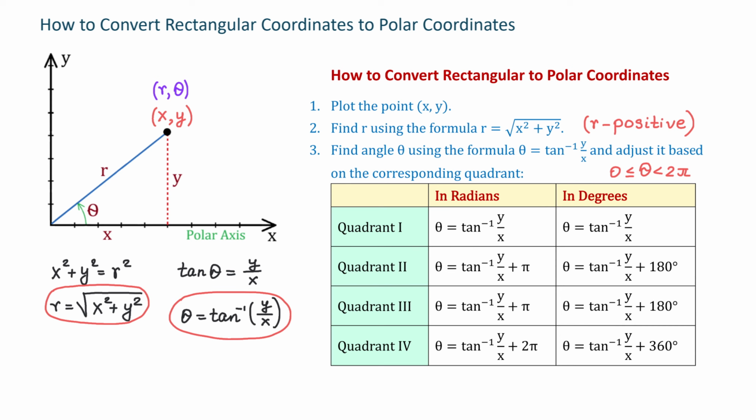If the point is in quadrant 2 or in quadrant 3, then theta equals inverse tangent of y over x plus pi, which is 180 degrees. In the following examples, I will explain in detail why we need to add pi. And now, in quadrant 4, theta equals inverse tangent of y over x plus 2 pi, which is 360 degrees. Now, let's see the first example.